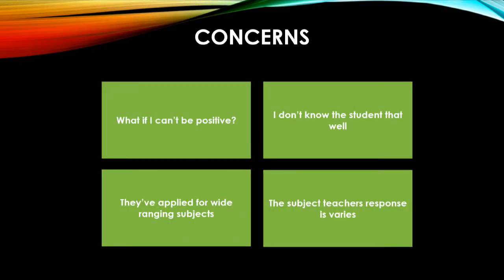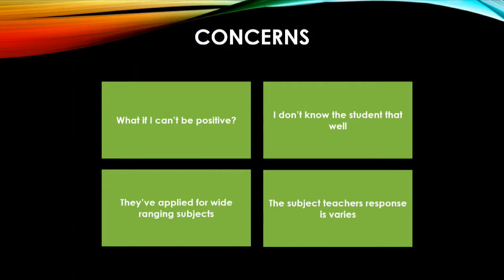So as a staff member at a school, there are always going to be concerns that are raised. The first one: what if you can't be positive? Now, I understand that it can be difficult if you've got a student perhaps who isn't that committed to their studies, who perhaps displays behavioural characteristics that are less than positive.